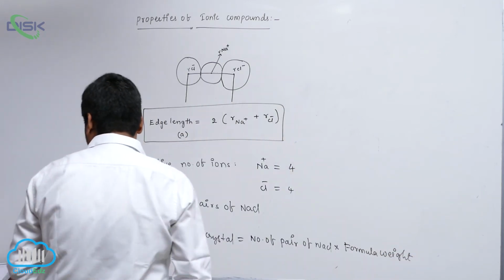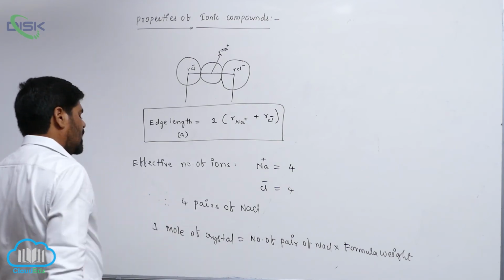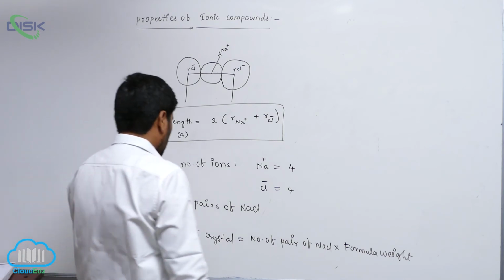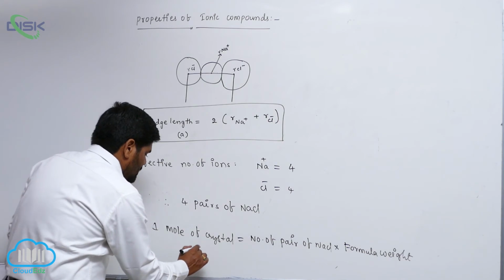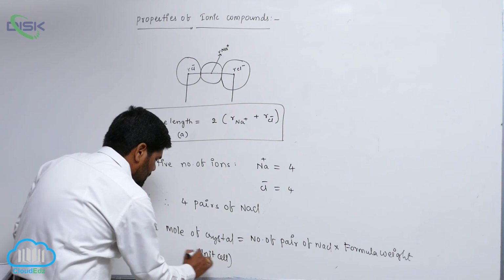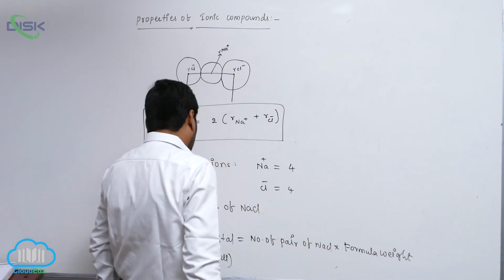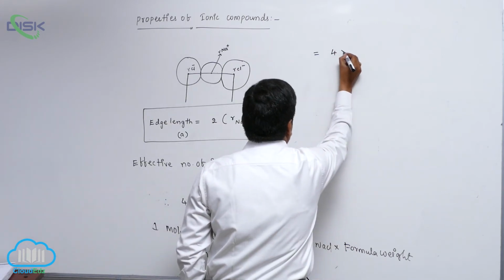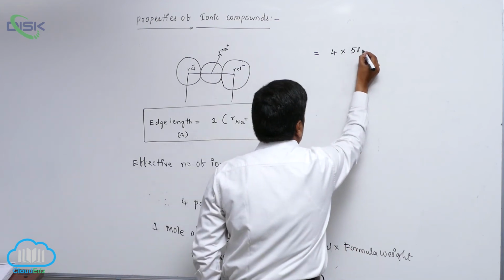So for 1 mole of ionic crystal, the unit cell contains the number of pairs of sodium chloride into formula weight, that equals 4 into the formula weight of sodium chloride, which is 58.5.